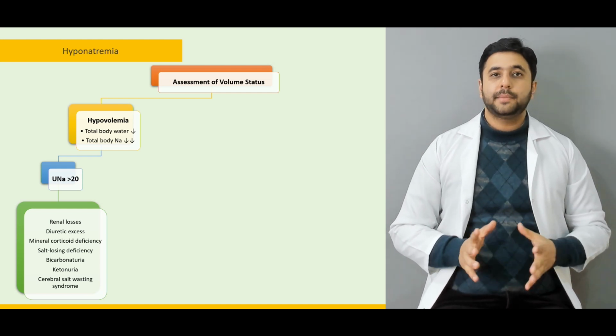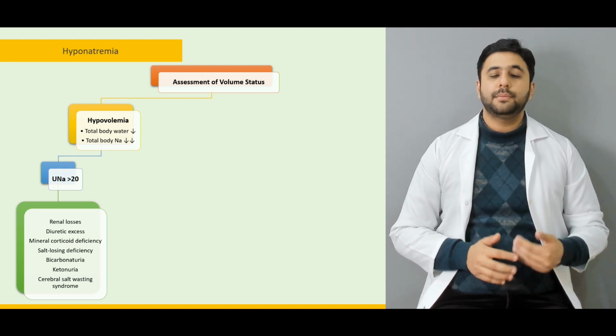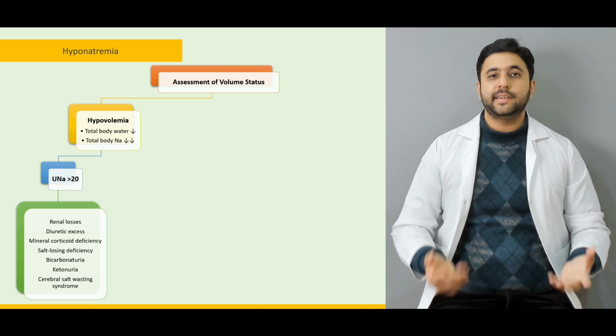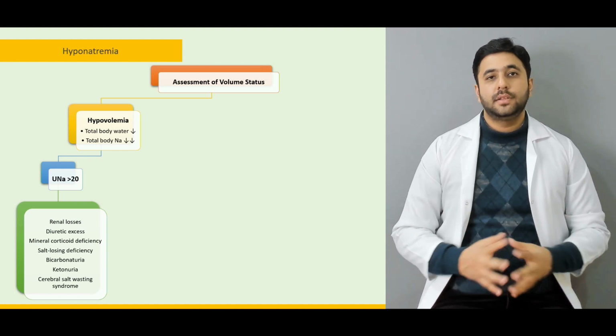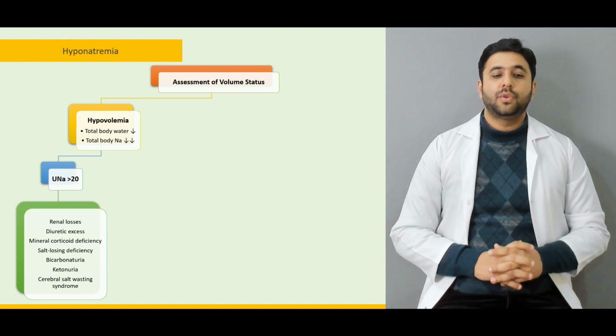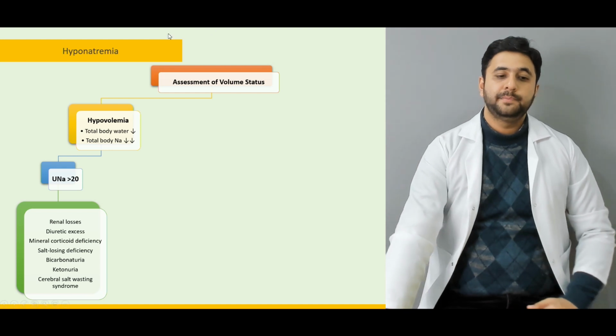But if there is some kidney issue going on and the patient is hypovolemic, then the urinary sodium concentration might be greater than 20, which indicates that the kidney is not preserving the sodium according to the normal requirements, which it should be.